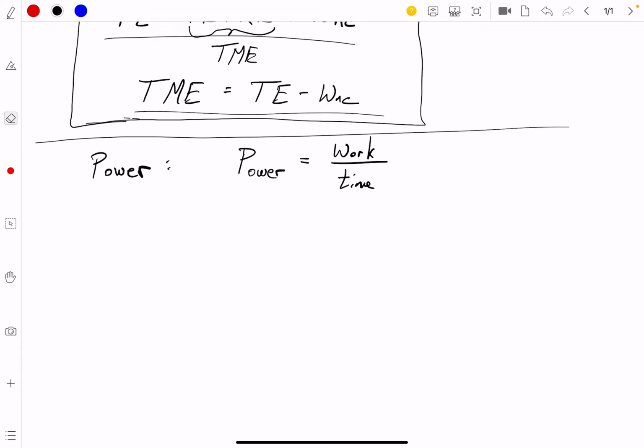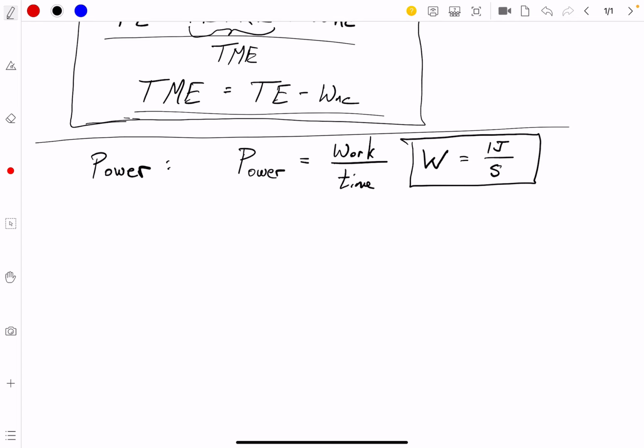Power is equal to your work divided by time, and the units for that are watts, which is equal to 1 joule per second. So this is SI because joules are SI and seconds are SI. So watt is the SI unit, and that's what you want. All right, so power is that.